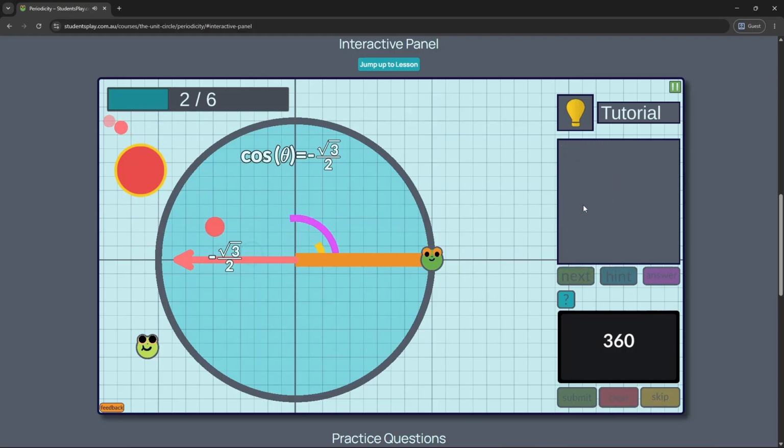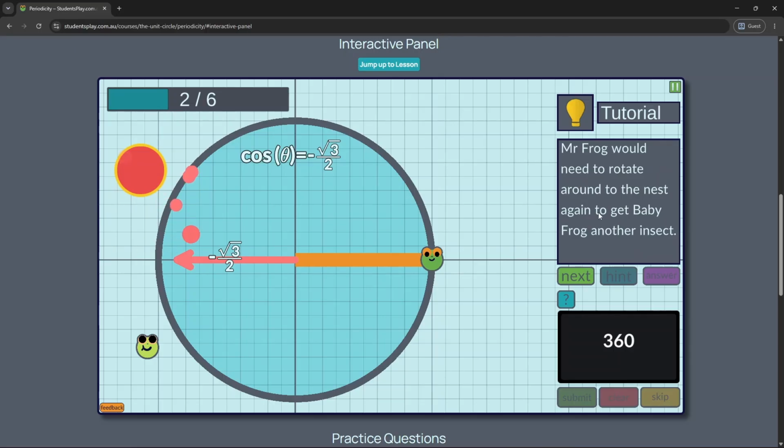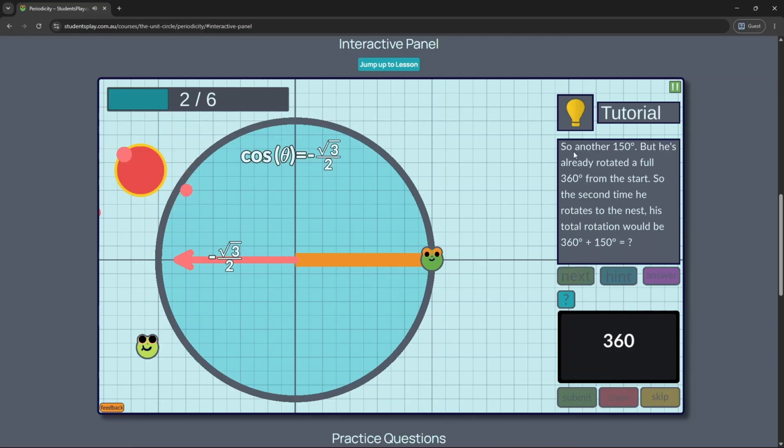Nice job. Now, imagine the baby frog was hungry again. Oh, look at his little hungry little face. Mr. Frog would need to rotate around to the nest again to get baby frog another insect. Alright? So another 150 degrees. But he's already rotated a full 360 degrees from the start.